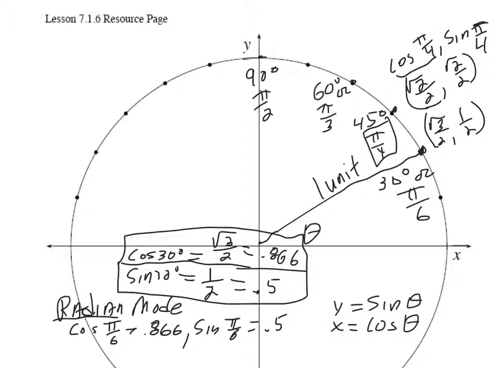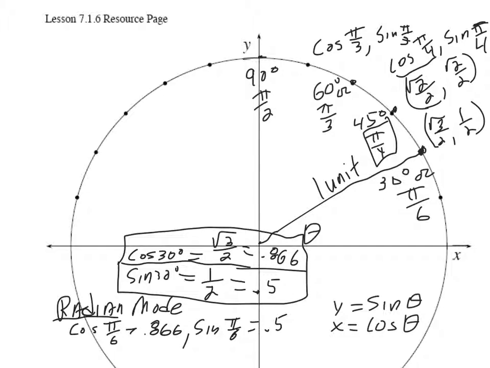Now do the same in radian mode of the cosine of pi over 3 and the sine of pi over 3.